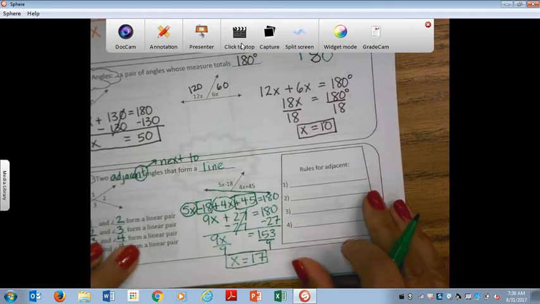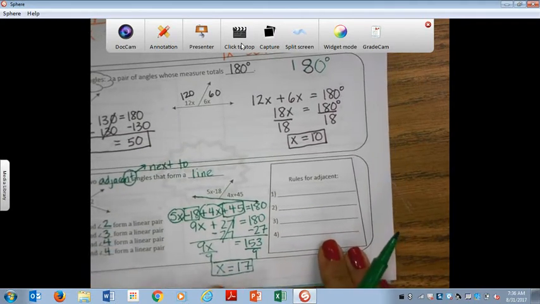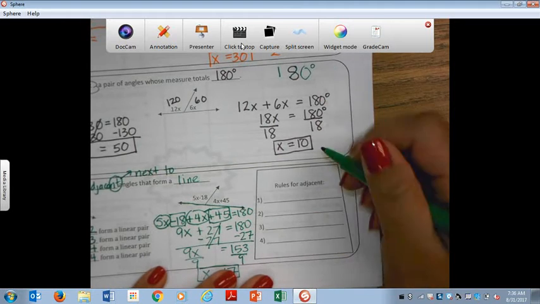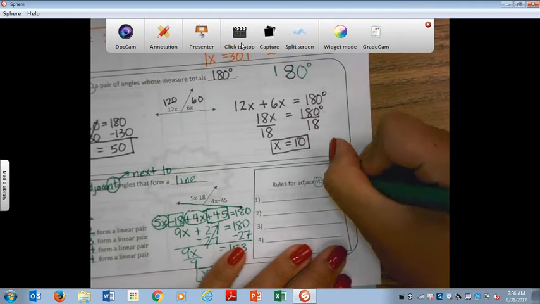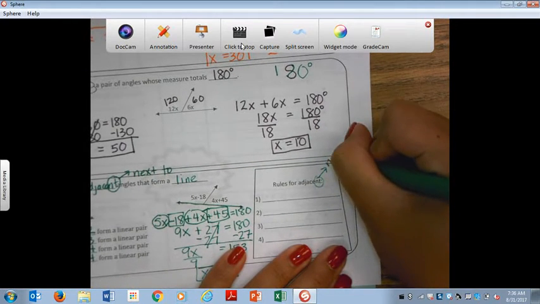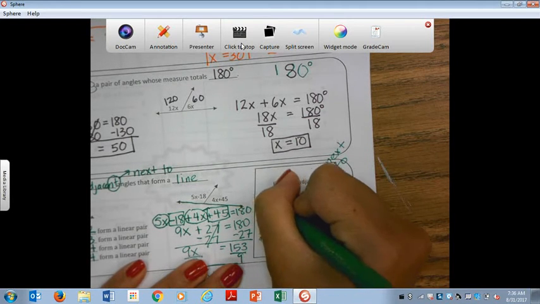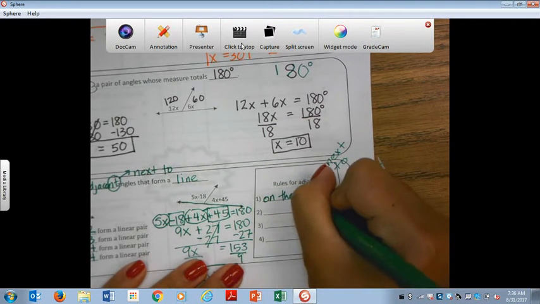So a couple of rules to remember to make sure that angles are adjacent. Again, this means next to. They have to be on the same plane, so they have to be coplanar.